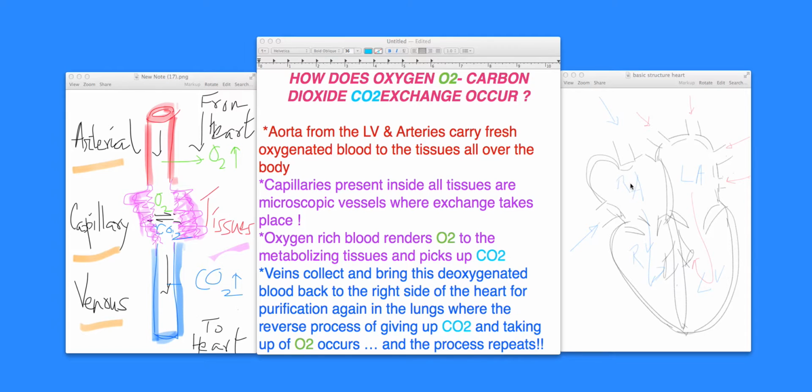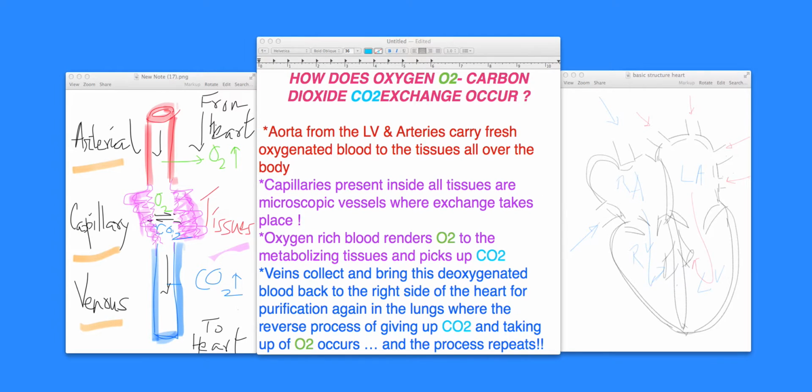That blood is brought back to the right atrium, either from the upper part of the body, including the brain, via the superior vena cava, or from the lower half of the body via the inferior vena cava. And that mix of venous blood, we call it, passes through the tricuspid valve into the right ventricle, which squeezes it into the pulmonary artery and brings it over to the lungs.